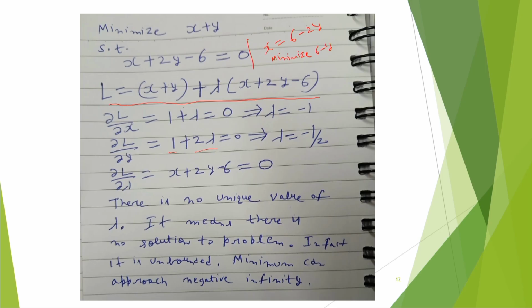The constraint I put in the objective function itself is eliminated, and it becomes minimize 6 minus y. So, what is the minimization of 6 minus y? You can take y equal to infinity also, and it goes to minus infinity.